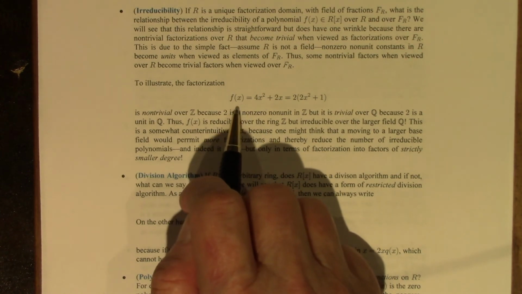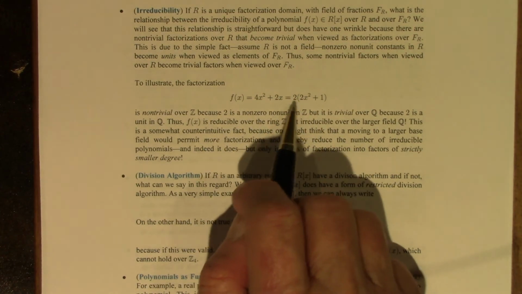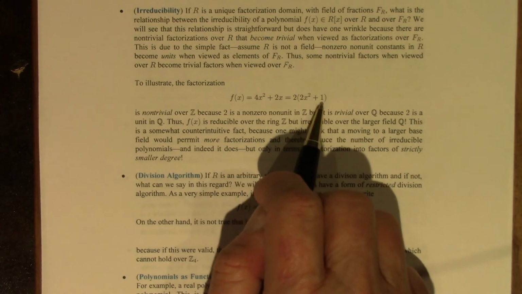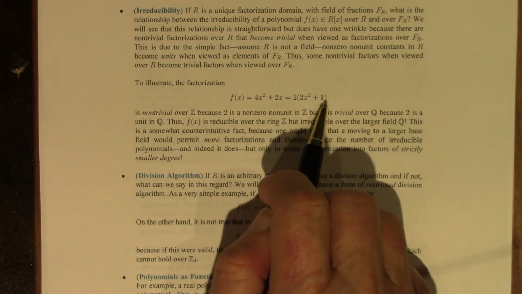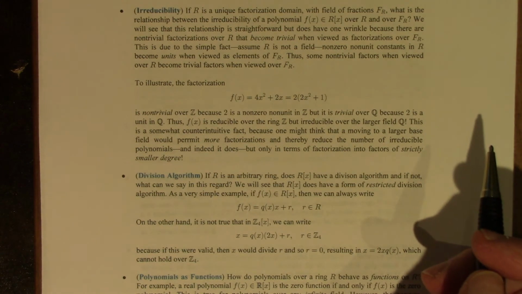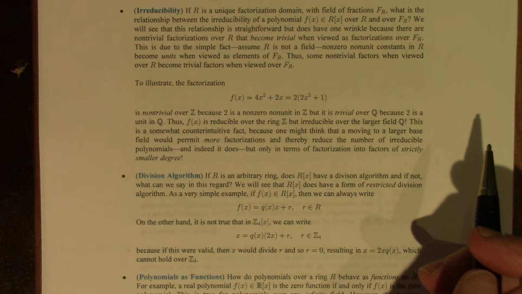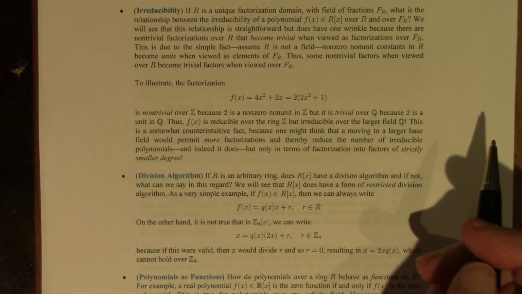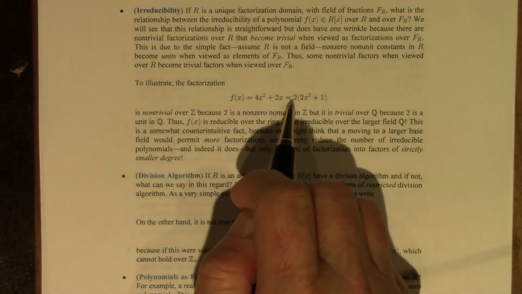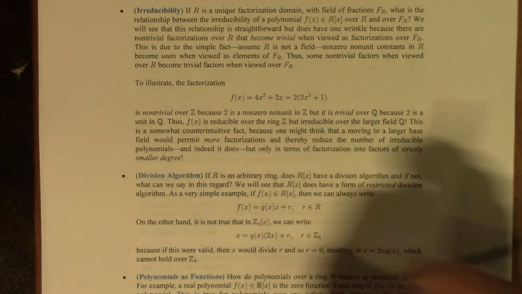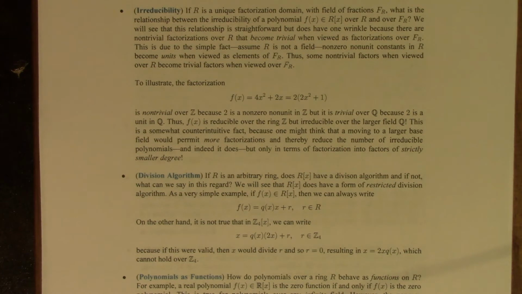Consider this polynomial over the integers, which factors as 2 times (2x squared plus 1). This is typical of what happens. This is a non-trivial factorization over the integers because both of these factors are non-zero non-units. 2 is not a unit, it has no inverse in the integers.